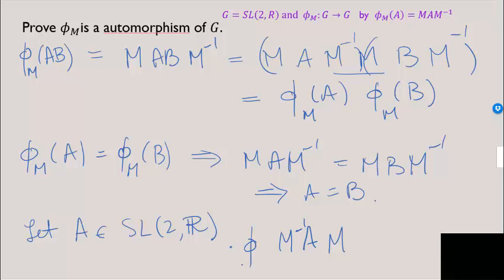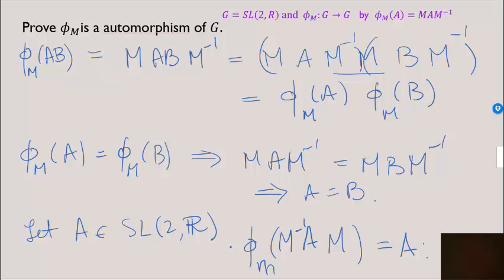And look, if we take phi sub M of that matrix, what do we get? Multiply on the left by M, on the right by M inverse, and we get A. Therefore, every matrix in SL2R is the image under a mapping phi sub M. So we have onto, and we know that phi sub M is indeed an automorphism of G.